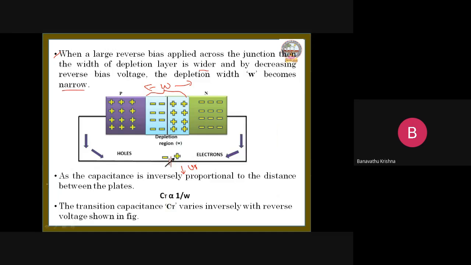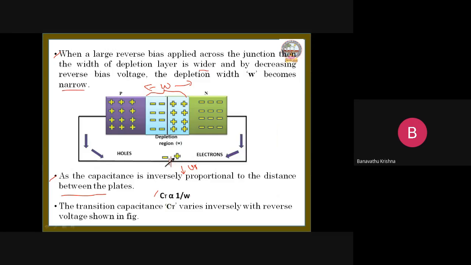Here, the capacitance is inversely proportional to the distance between the two plates. Similarly, the transition capacitance CT is inversely proportional to the width of the depletion region.